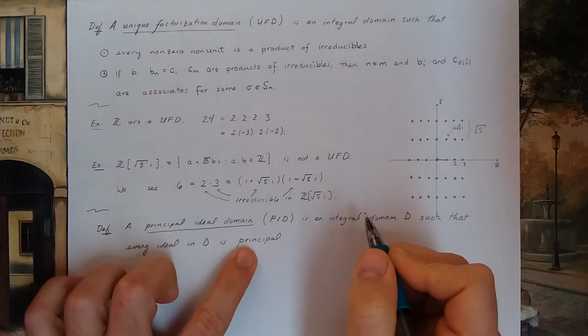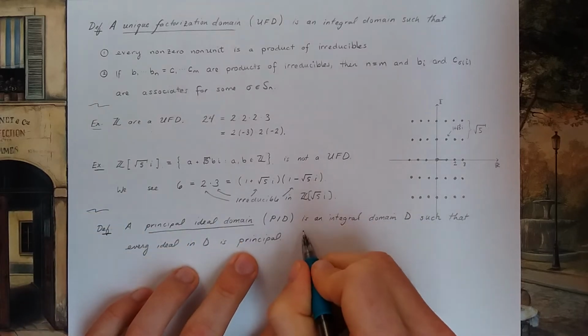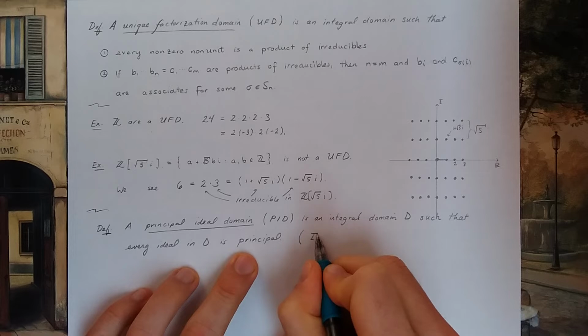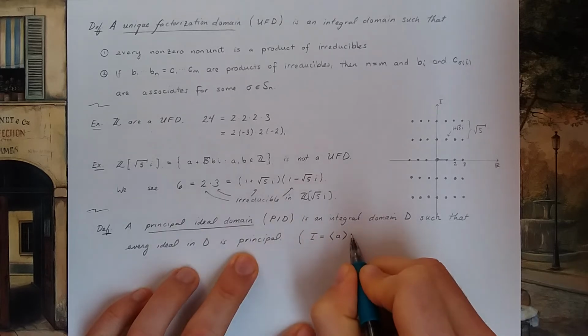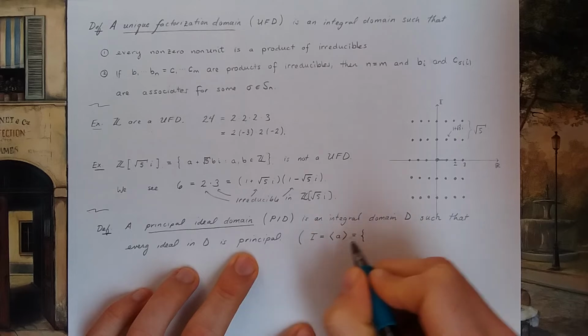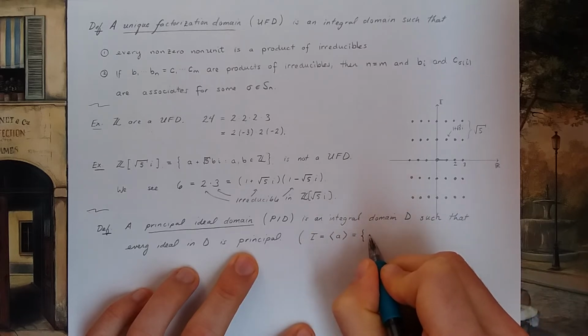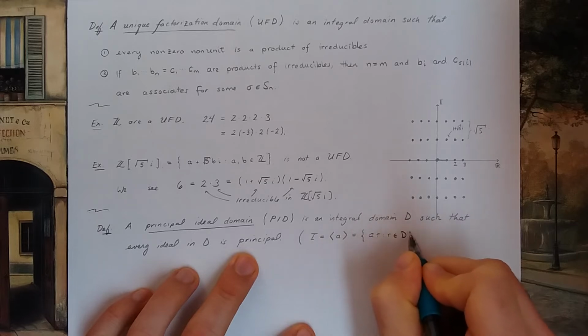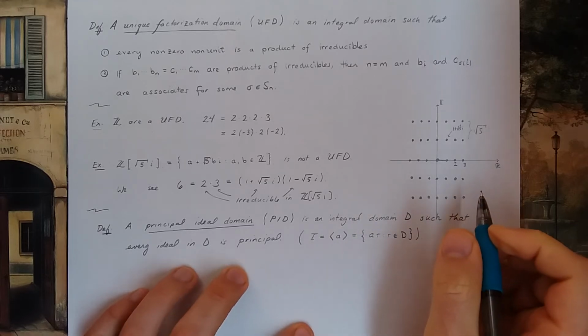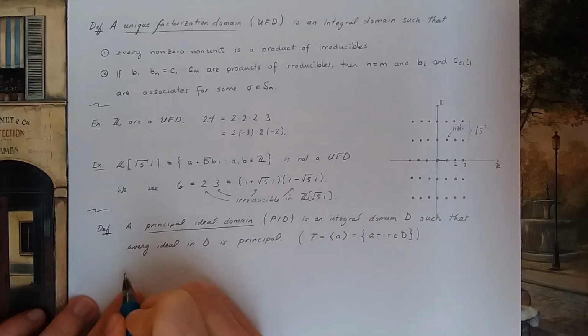So remember the definition of what a principal ideal is. A principal ideal is an ideal that's generated by a single element in the ring. So every element of the ideal is simply of the form ar, where r is in your ring. So that's a principal ideal domain.